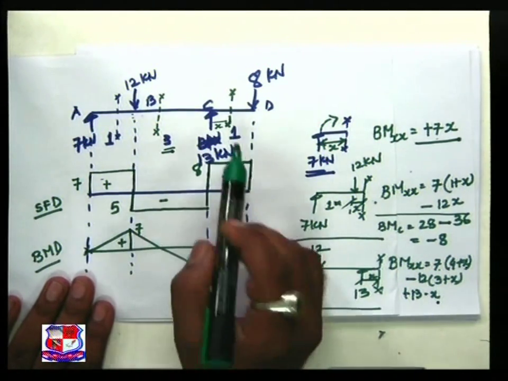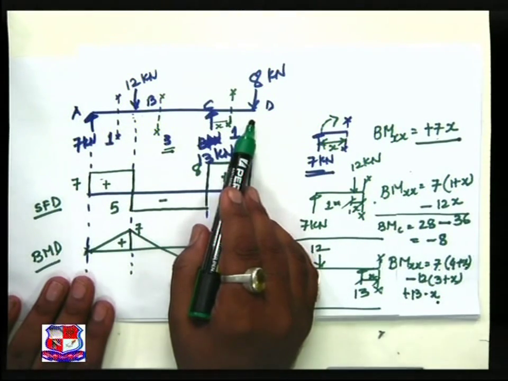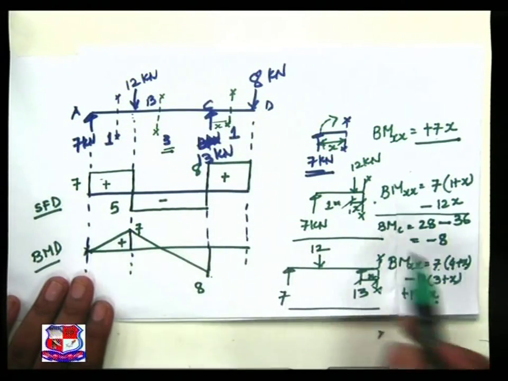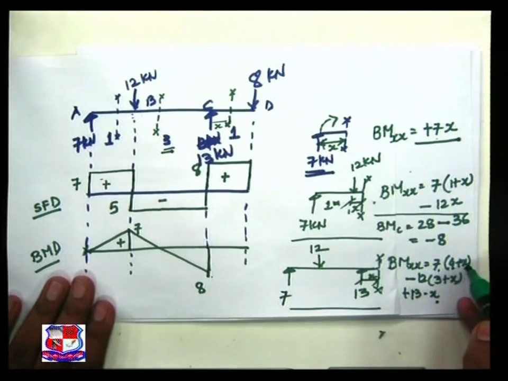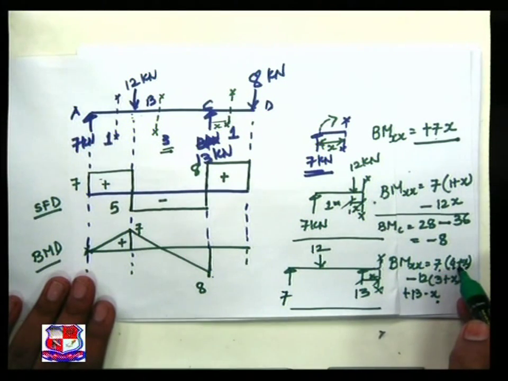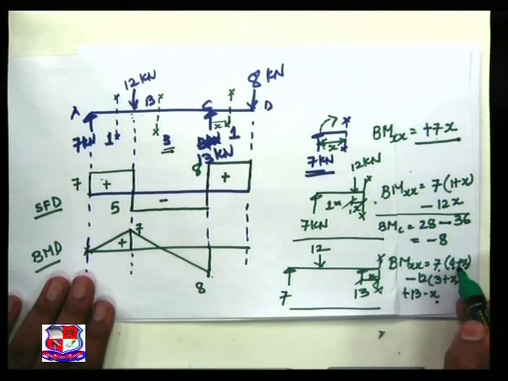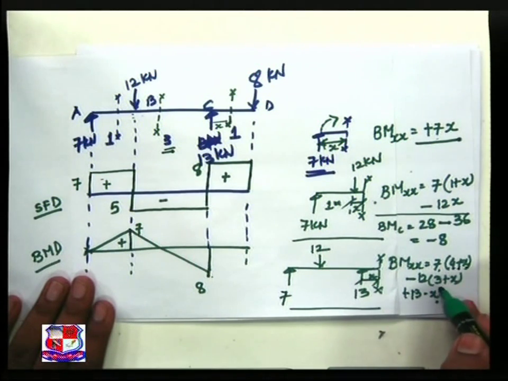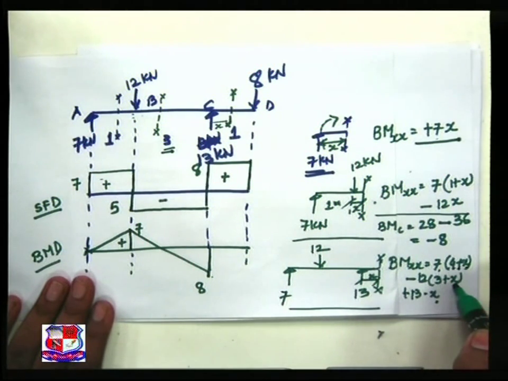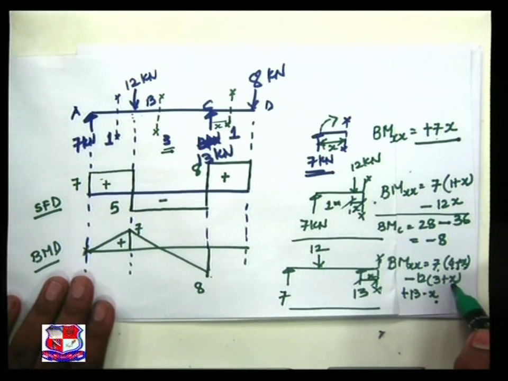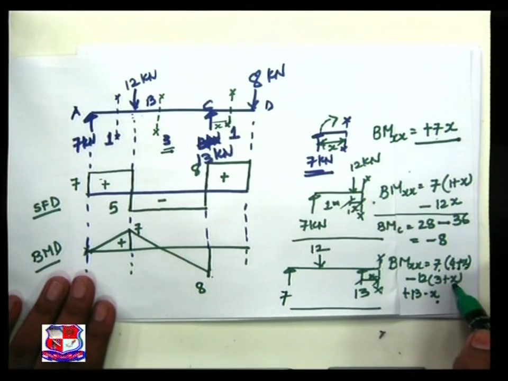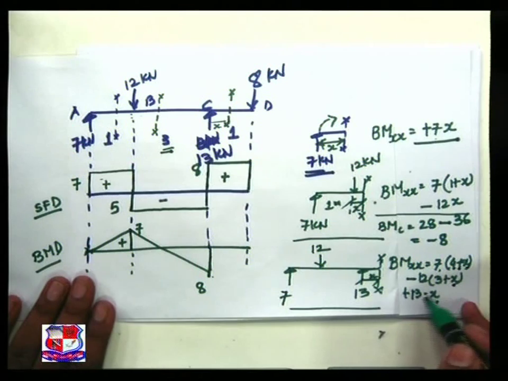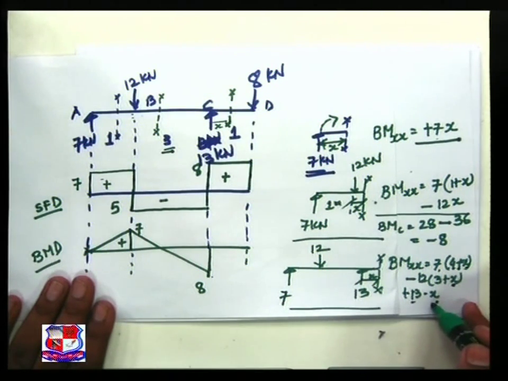Next, take x is equal to 1 meter. What happens? 7 into 4 plus 1, 5, 7 into 5, 35, minus 12 into 3 plus 1, 4, 12 into 4, 48. So 35 minus 48 plus 13 into 1, that is plus 13.